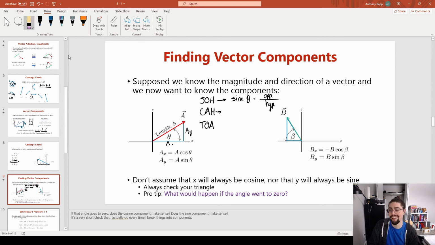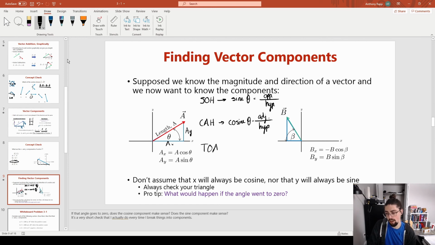Let me space these out a little bit better, give myself a little bit more room so we don't layer these writings. Cosine of theta, and I'm writing out the full name, would be the adjacent over the hypotenuse. And finally, TOA means that tangent goes as the opposite over the adjacent.